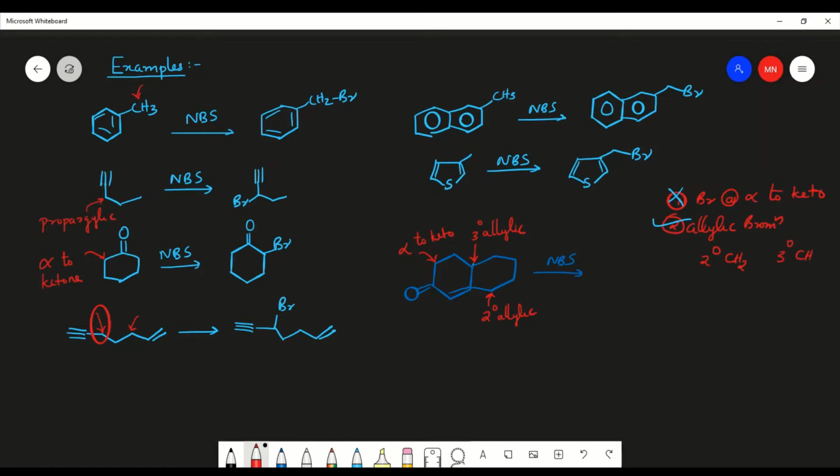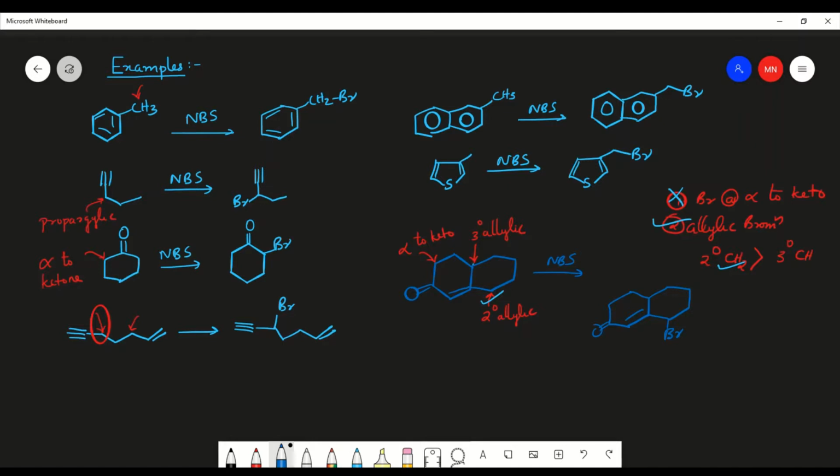In that case the secondary allylic will be getting preference. So that means this site will be getting preference. So the product that we will be expecting is, here the double bond, and here bromination will be happening. So this will be the product that is obtained after NBS bromination.